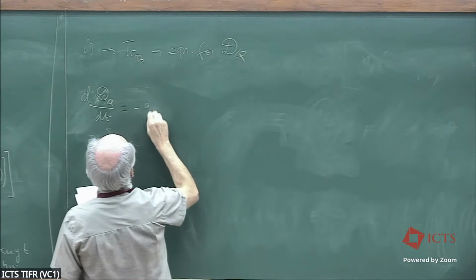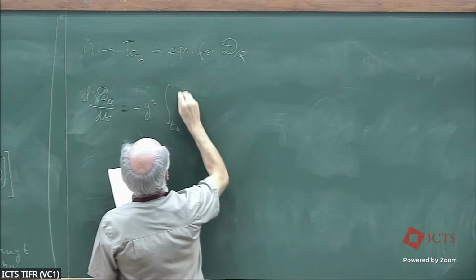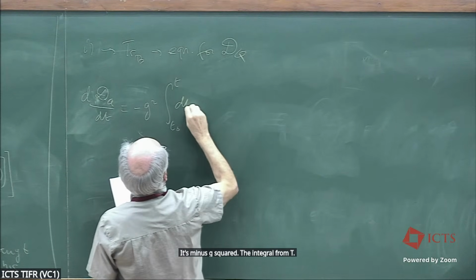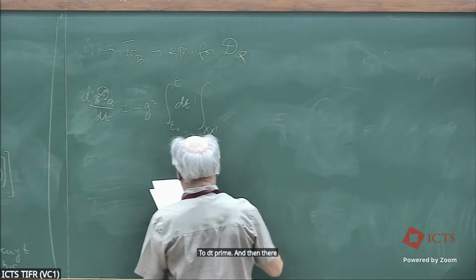It's minus g squared, the integral from t0 to t dt prime, and then there is an integral of x prime.